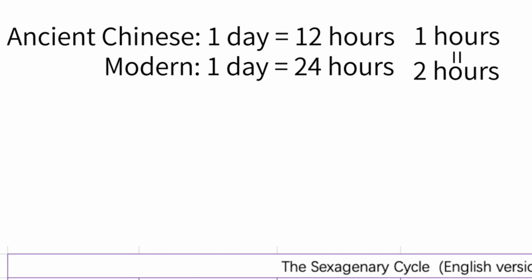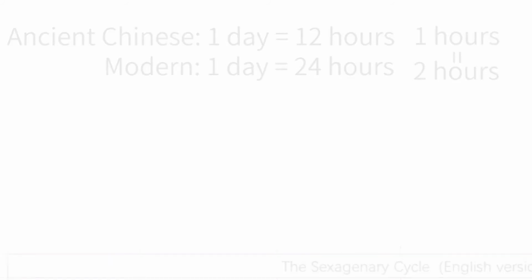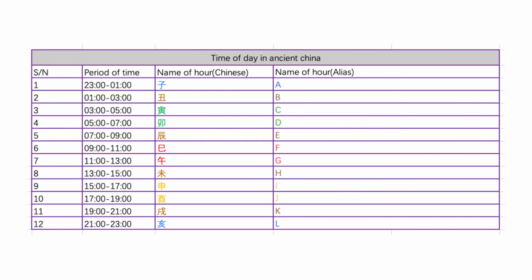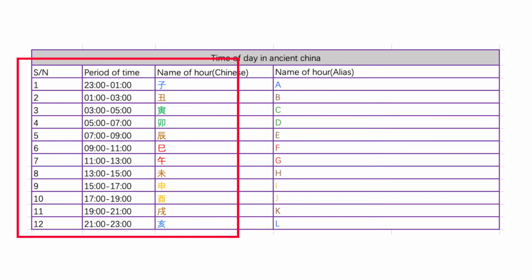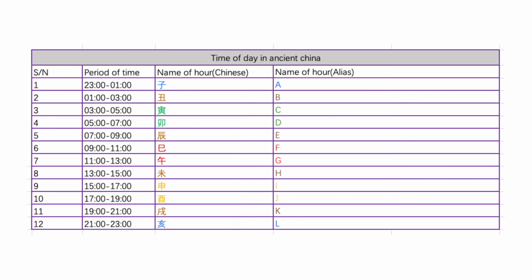Every hour in ancient China had a name, not a number. You must be familiar with the number 12. For these 12 hours, the ancient Chinese also named them with the 12 terrestrial branches. This table shows which 2 hours in modern times correspond to which hours in ancient China.